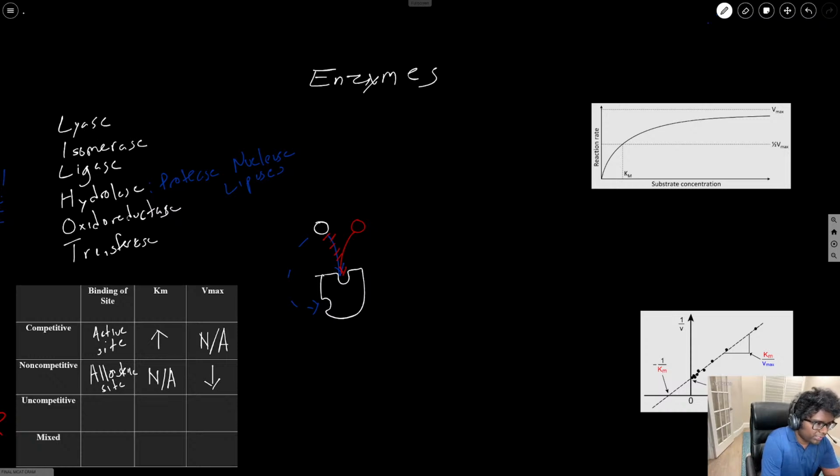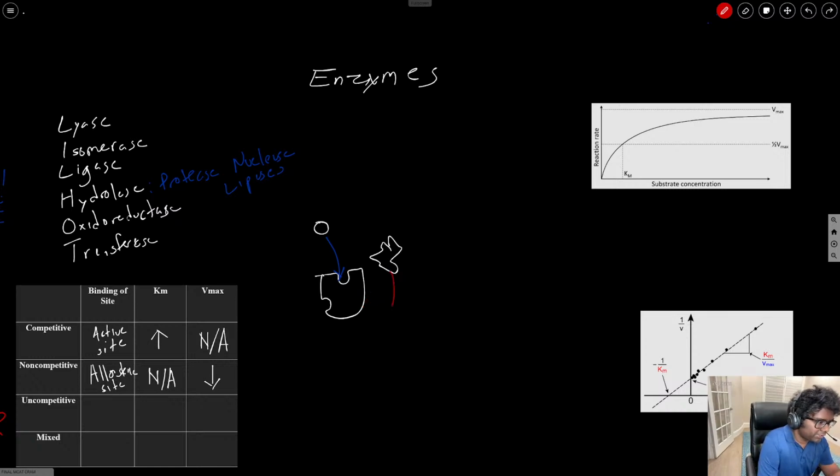So even if there's a substrate attached, let's say a substrate does bind, all right? But you have an inhibitor coming in. An inhibitor comes in, it binds to the complex anyways.